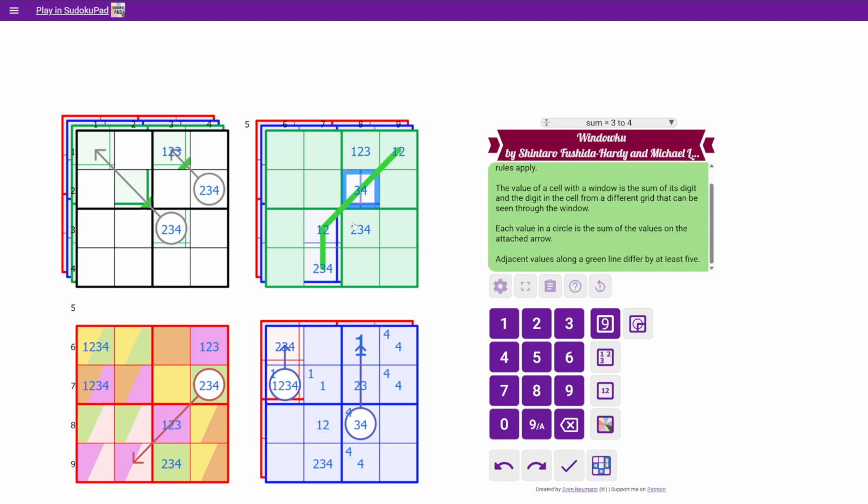This number is totaling 6 or 7. This number.